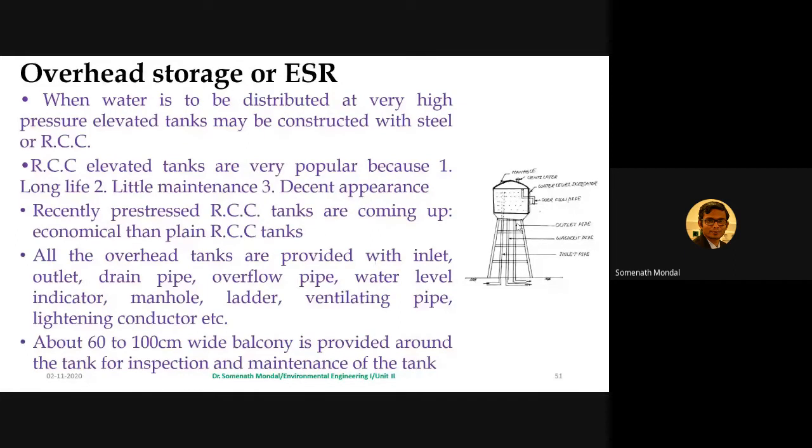This type of overhead storage facility consists of several components such as manhole, ventilator, water level indicator, overflow pipe, outlet pipe, washout pipe, and also the inlet pipe. This is what is known as an overhead tank or ESR, elevated storage reservoir.